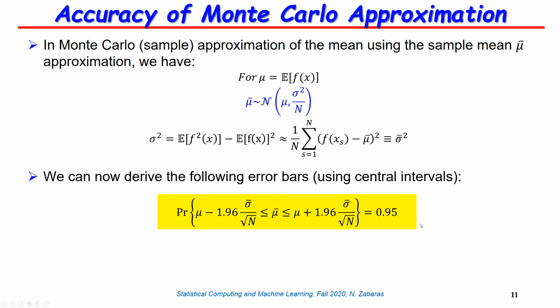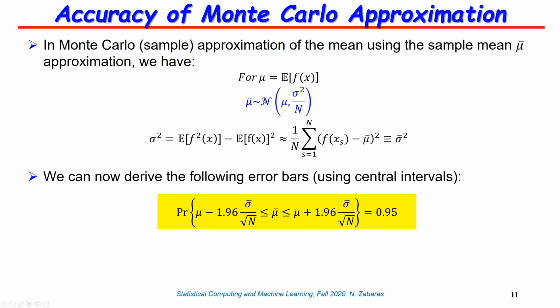You remember the sample mean, and I'm writing it here as mu bar. When I put a bar, I am implying the sample mean. So the sample mean follows a Gaussian with the true mean as its mean and a variance that is sigma square over n, where that variance is approximated by the empirical variance.